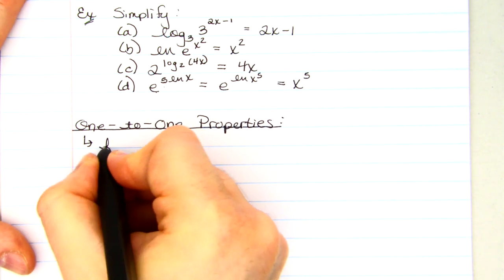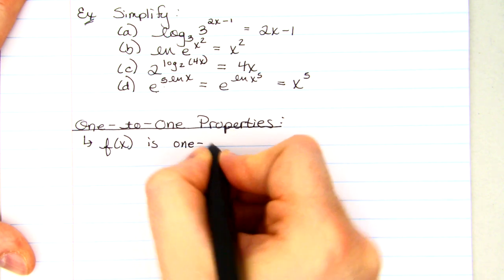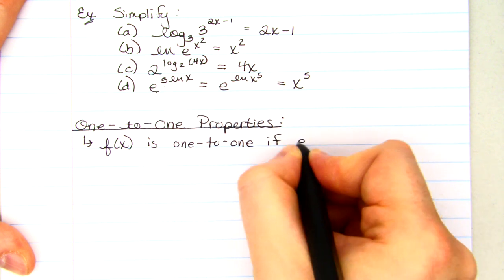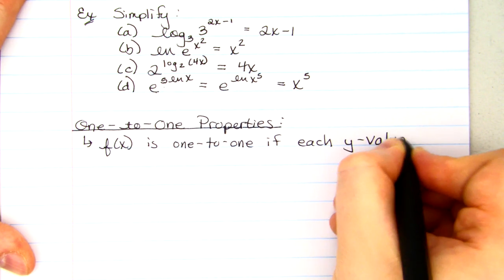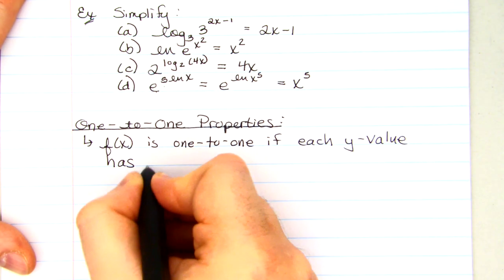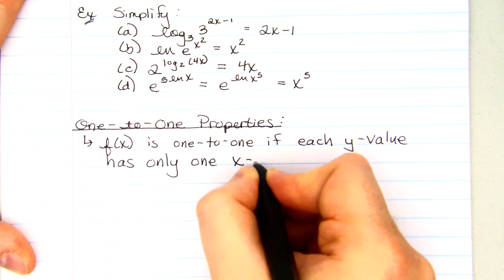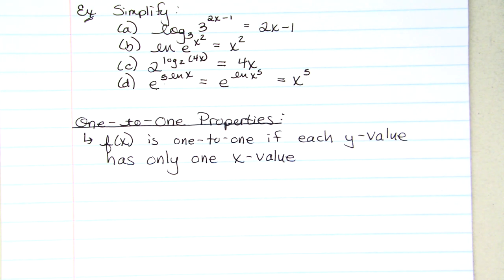A function f of x is one-to-one if any given y value has only one x value.